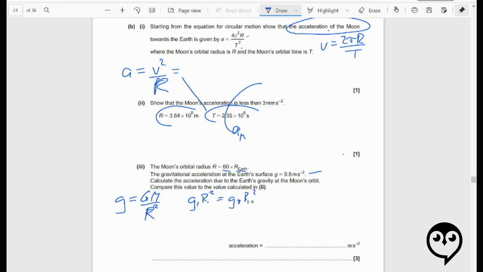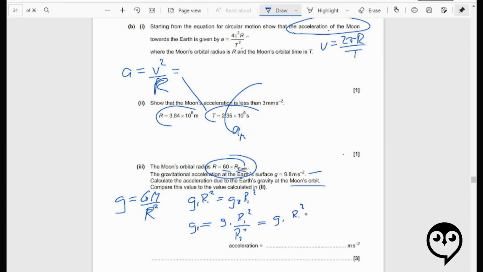Okay? Now, if we want to figure out, let's let the moon be 2. We want to find the acceleration due to the Earth's gravity at the moon's orbit. Let's make that g2. It's going to be equal to g1 times a ratio of r1 squared over r2 squared. Now, what is r2 squared? It is 60 times r1, right?